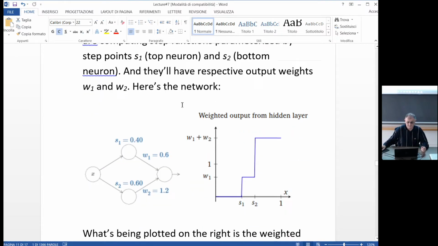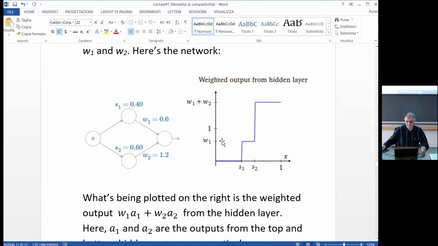So this is typical behavior of a complete such network. We have entry value x, then it goes to s1 equals 0.40, for example, and s2 equals 0.60.